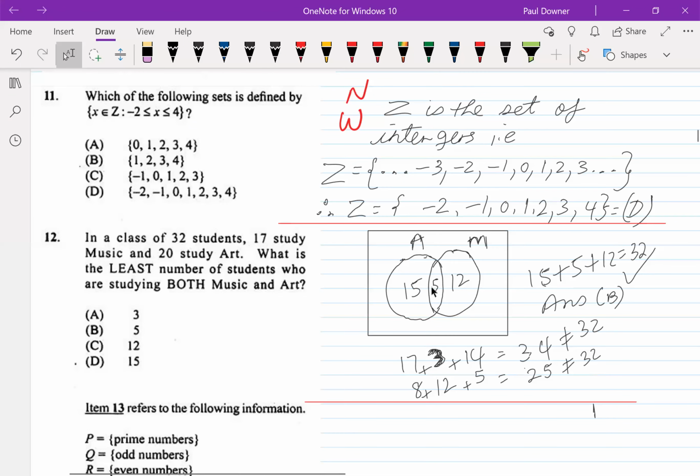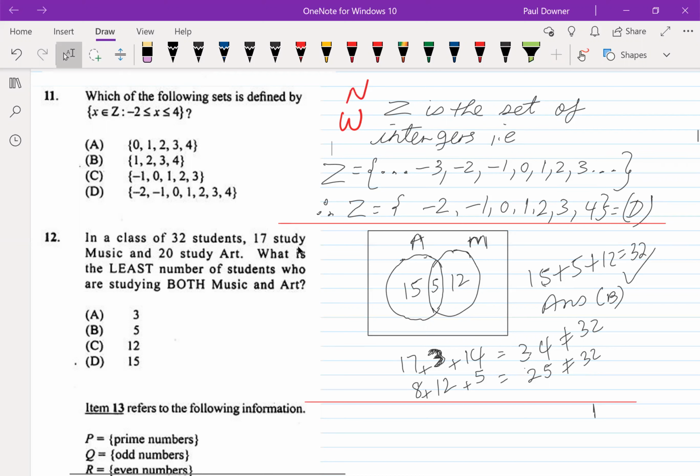So you have to get a value in here that, when you add it to this value here, you get 20, and when you add it to this one, you get 17. Because remember, 17 study music. So in the music circle, where you see the M, you have to come up with a combination that adds up to 17.